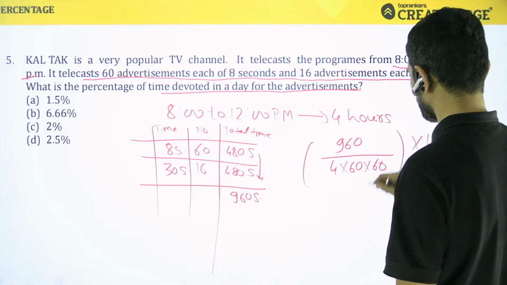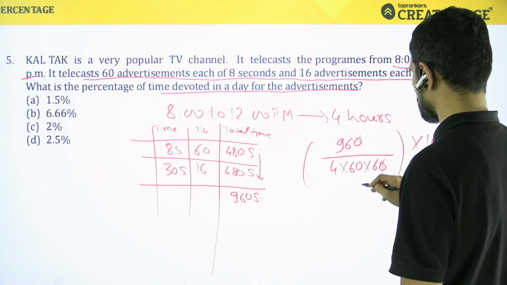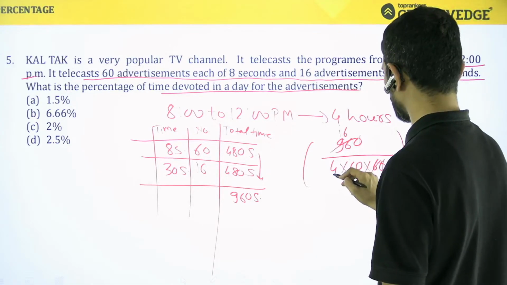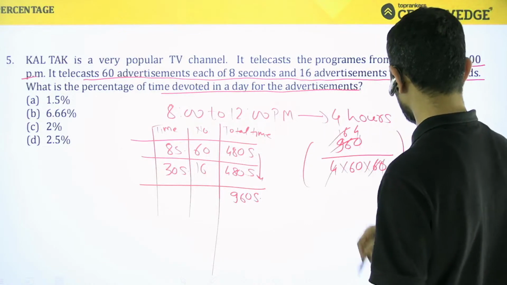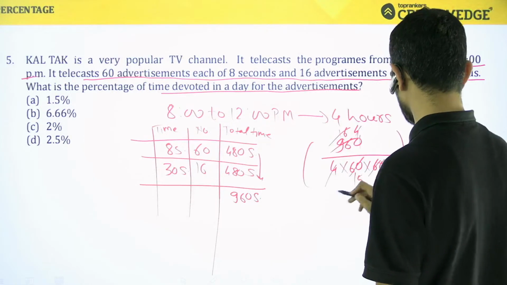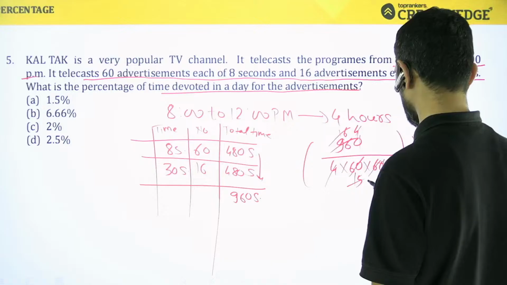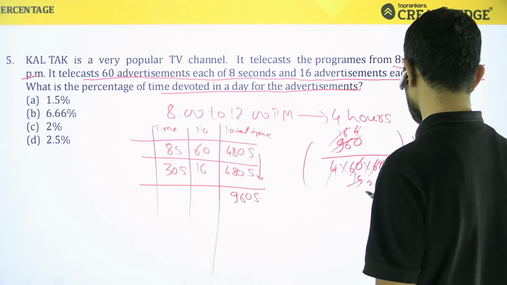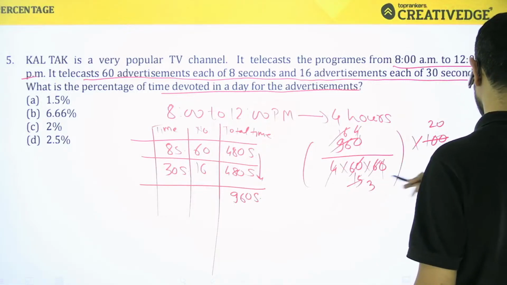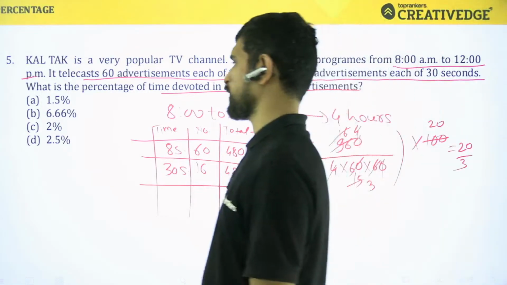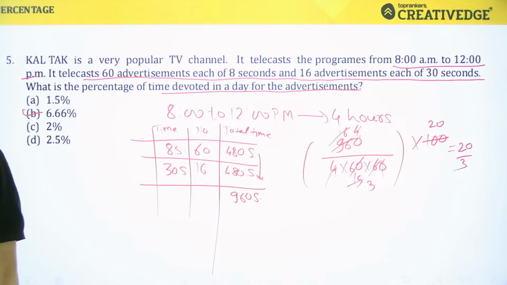So let's cancel this. 16, 4 से यहाँ cancel कर देते हैं, so this becomes 4, 4 से further और cancel करें तो this becomes 15, 15 से further cancel करते हो 5 से तो this becomes 3 and this becomes 20. So the value finally boils down to 20 by 3, which is 6.66%.